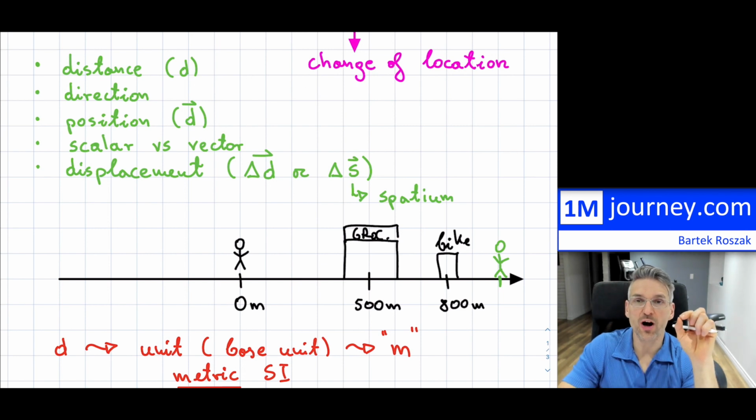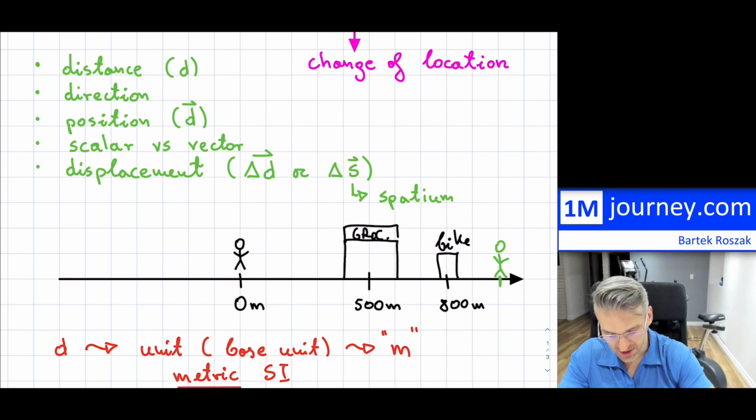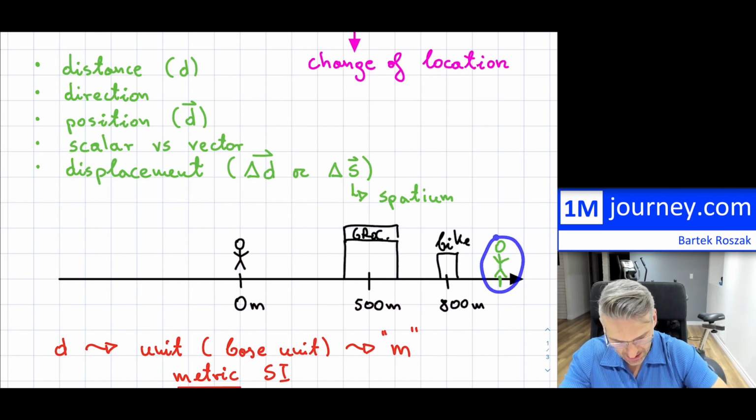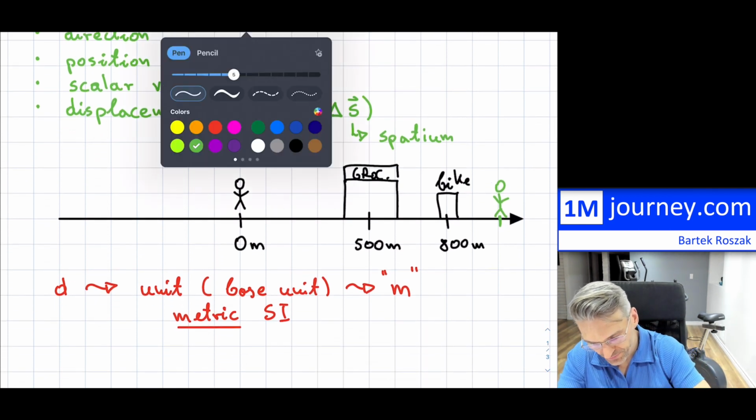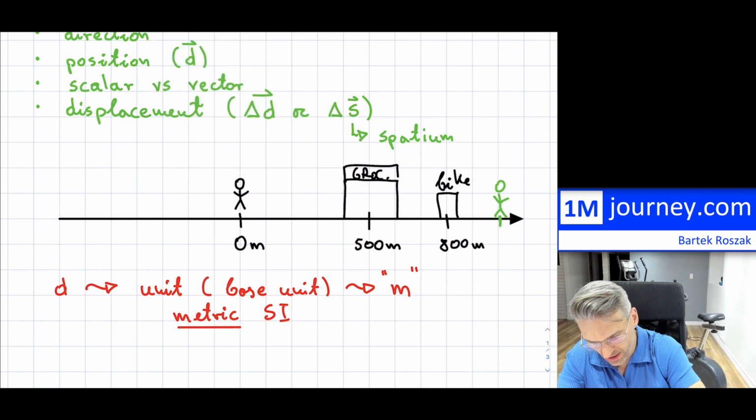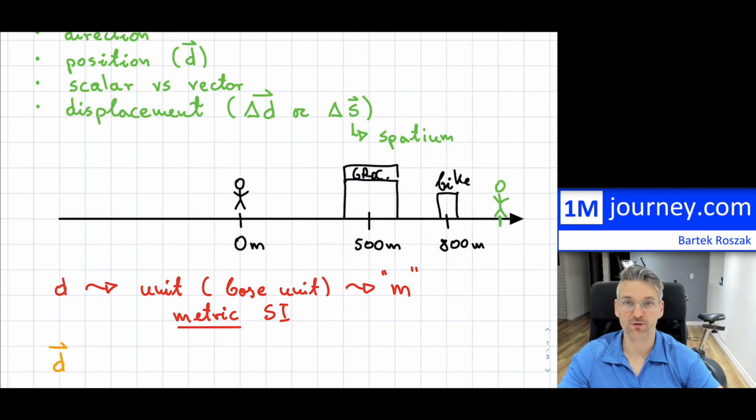Position just means where are you with respect to a reference point. So for instance, if your reference point is your home and you're standing here and you're starting your reference at 0, if you want to locate where your friend is currently standing, that friend's position we would write a little differently. We wouldn't call it a distance anymore, we would call it a position. We make sure that we give this little symbol of an arrow above for position.